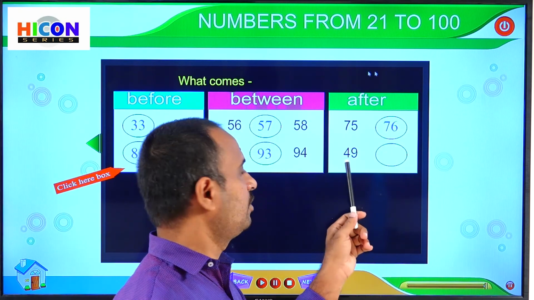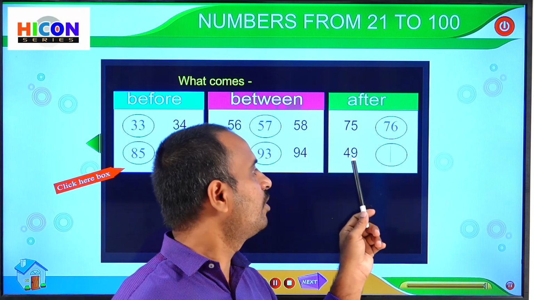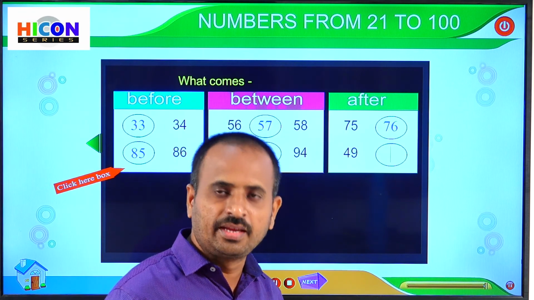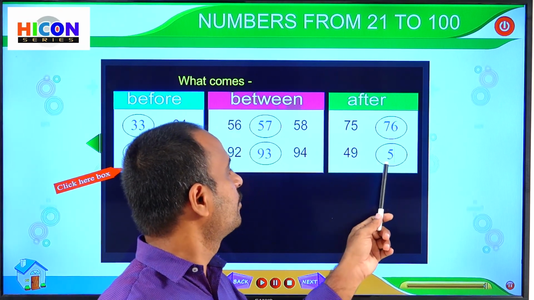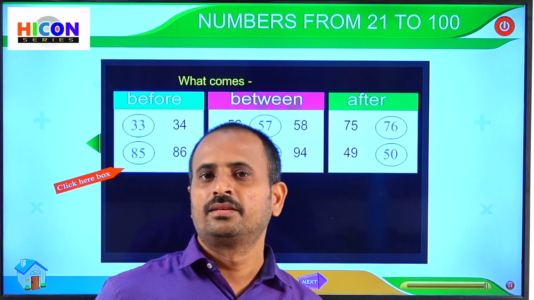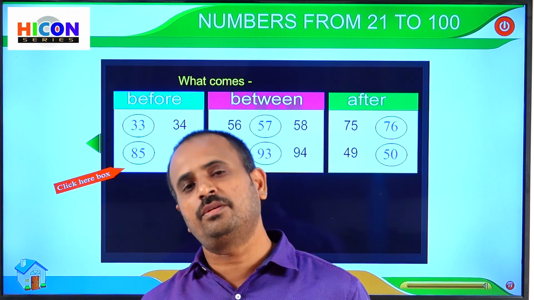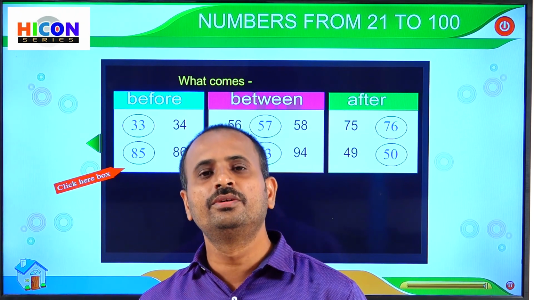Next, 49. After 49, children, what number will you get? After 49 comes 50, so write 50 in this circle. So children, this is the worksheet in this chapter, and this is the end of this chapter. The next chapter will be continued in the next episode.